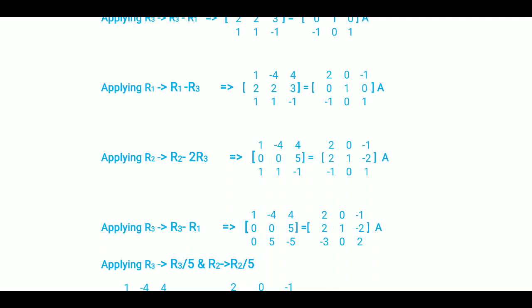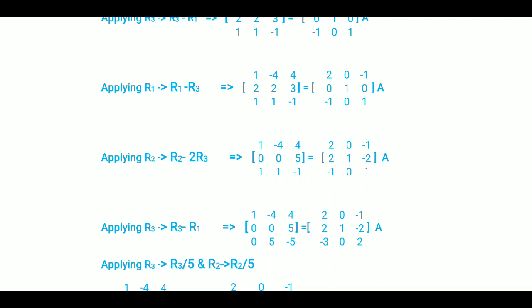So R2 minus 2 R3: 2 minus 2 is 0, 2 minus 2 is 0, 3 minus minus 2, that is 5. A similar change will be on R2 of the right hand side: 0 minus minus 2, that is 2, 1 minus 0 is 1, minus 2 minus minus 2, that is 0... R3 remains same, minus 1 0 1, into A.